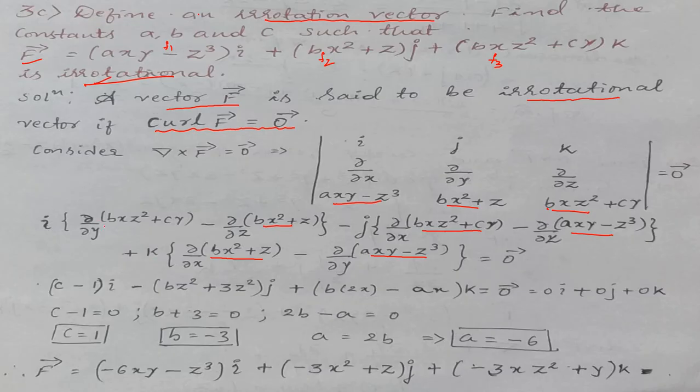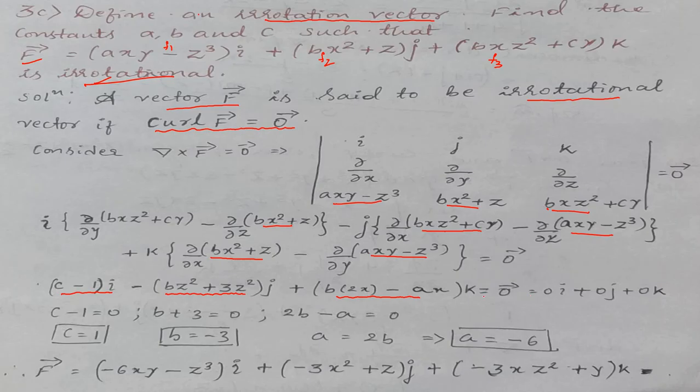By partial derivatives, I got the first term: c minus 1 i. From the second term, I got bz square plus 3z square j, plus 2bx, or b times 2x minus ax, k, equal to 0. 0 vector means 0i plus 0j plus 0k.